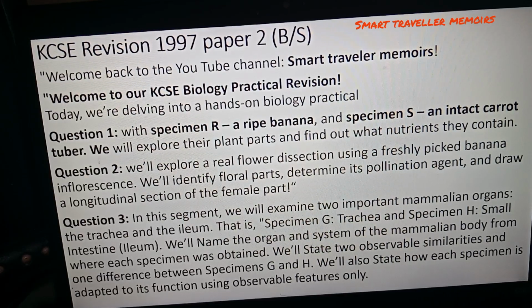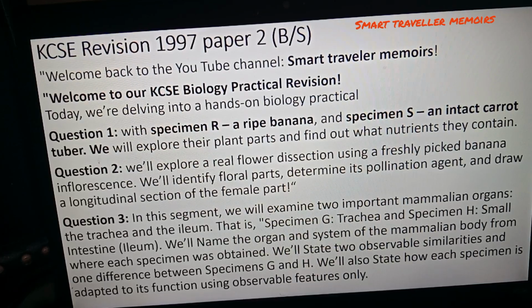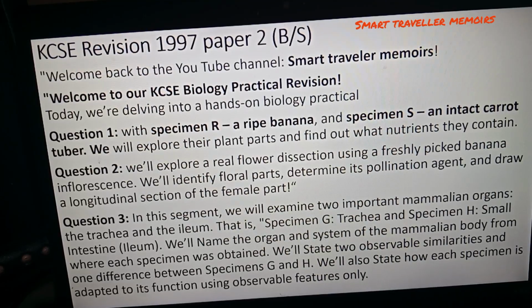Today, we are delving into a hands-on biology practical. In question 1, where we have specimen R, a ripe banana, and specimen S, an intact carrot tuber, we will explore their plant parts and find out what nutrients they contain.